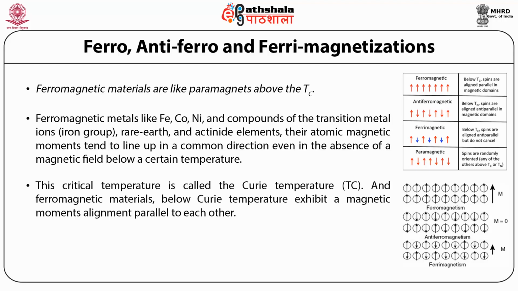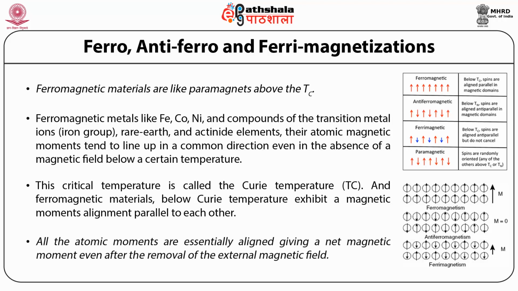This critical temperature is called Curie temperature, and ferromagnetic material below Curie temperature exhibit magnetic moments aligned parallel to each other. All the atomic moments are essentially aligned, giving a net magnetic moment even after the removal of external magnetic field.